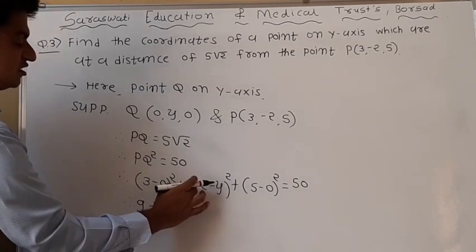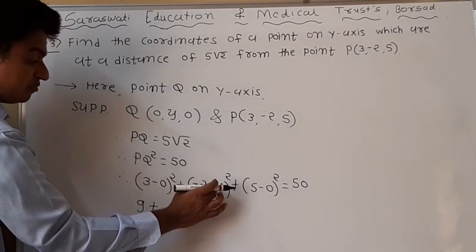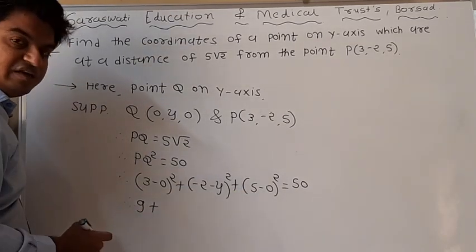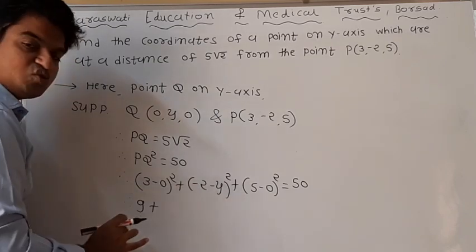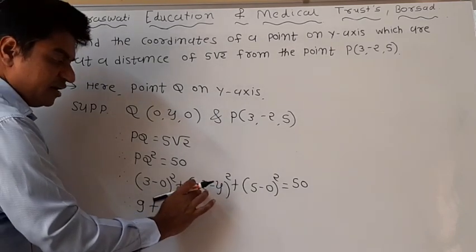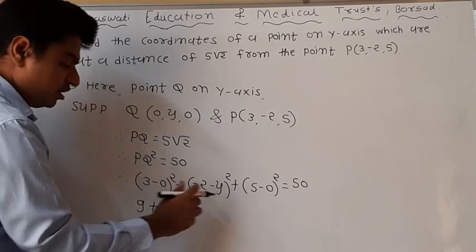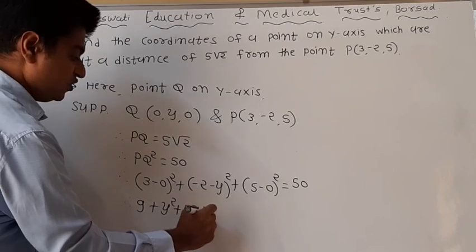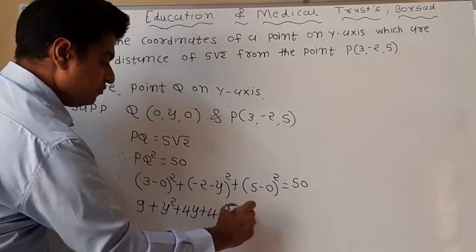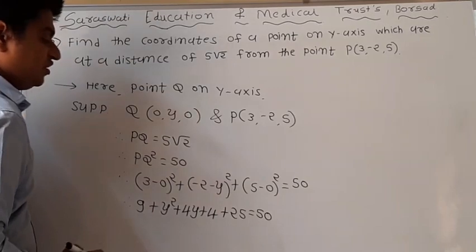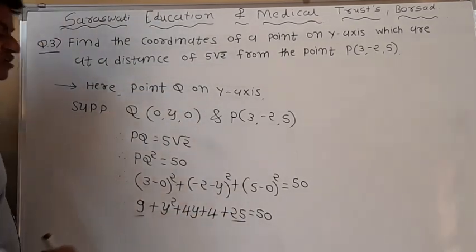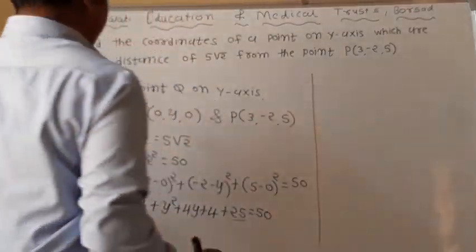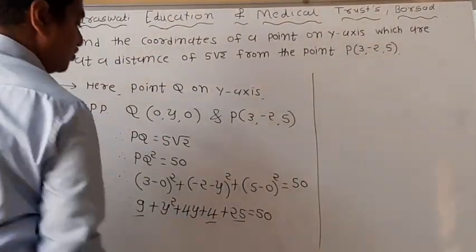Here the minus sign is present inside the whole square, so remove the minus sign and write (y + 2) whole square. Now after applying the identity (a + b) whole square, that means y square plus 4y plus 4, plus 25 is equal to 50.